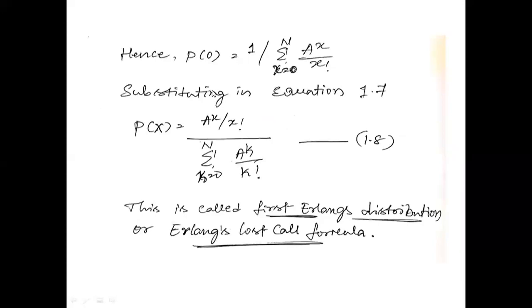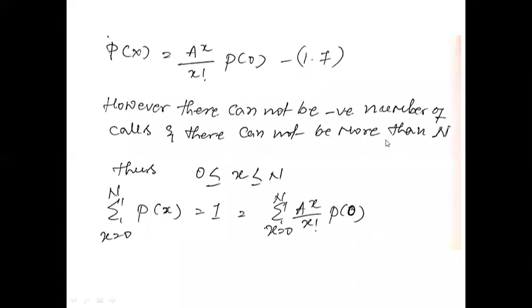Moving on, if you solve for p of 0, you'll get 1 over the summation of the term A power x over x factorial over the interval 0 to capital N. Using this we have solved for p of 0.